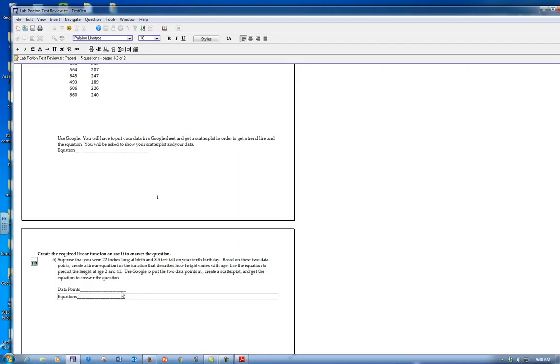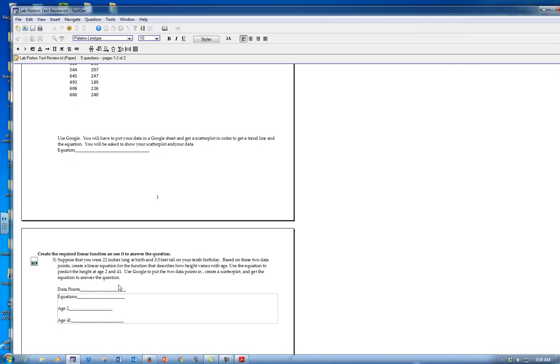I've also asked you to make a prediction for age 2. So age 2. And I've asked you to make a prediction for age 41. And this is going to give you the answer in inches. So for age 2, I would plug a 2 in where the x is.